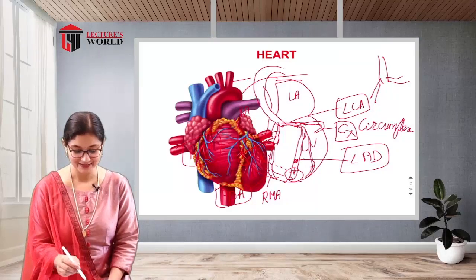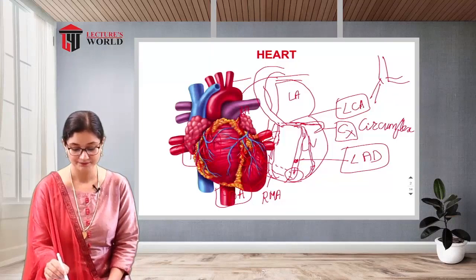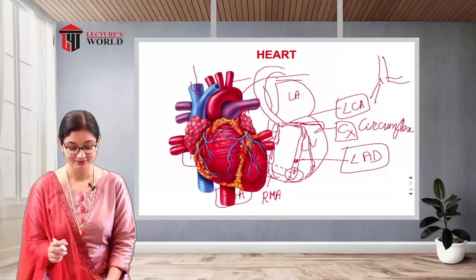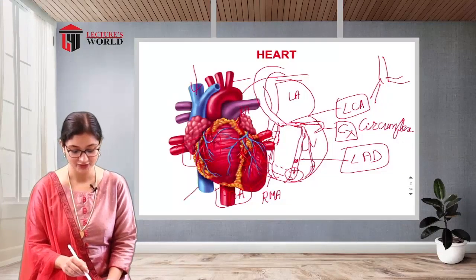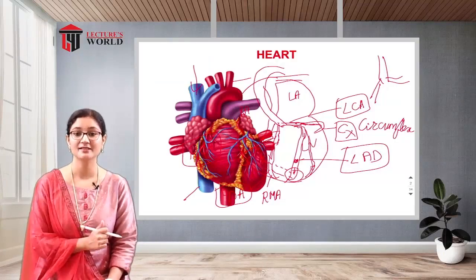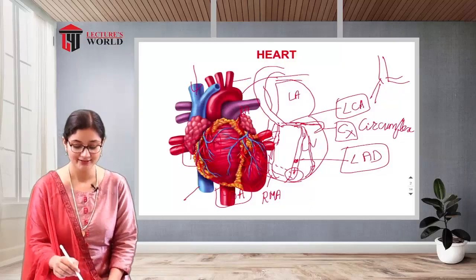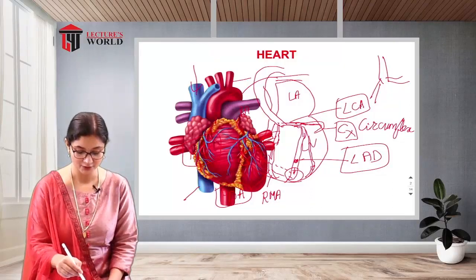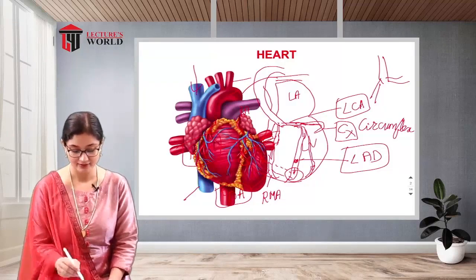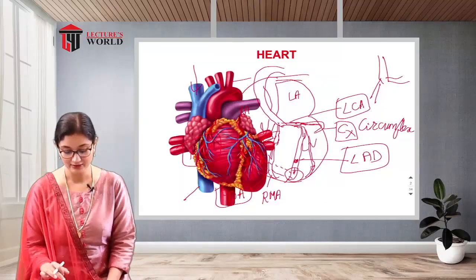This is your superior vena cava, and this is your inferior vena cava. Remember, these are always attached to your right atrium. I felt like I'd done magic and brought a heart for you. This is your aorta, and this is where the division starts. And these are your pulmonary veins. So let us move on.